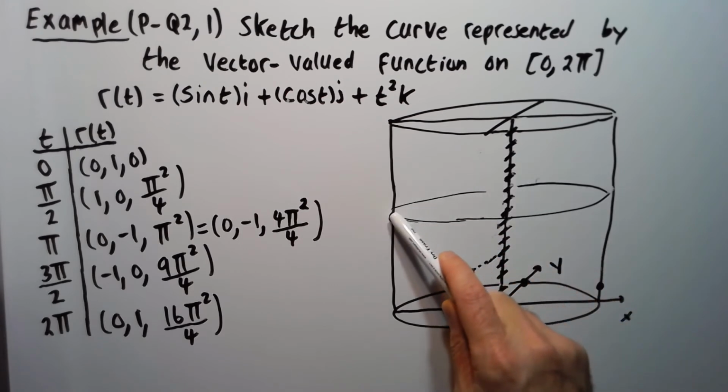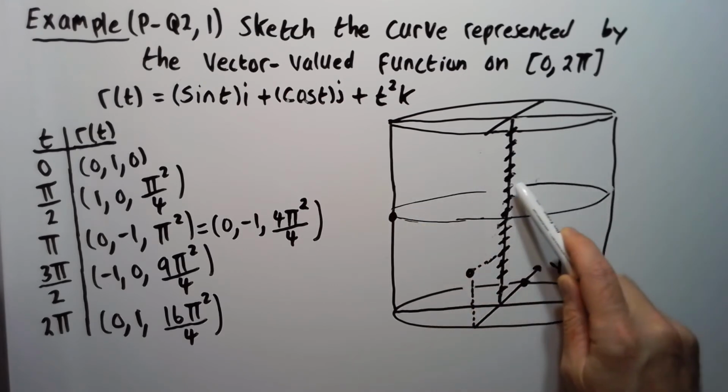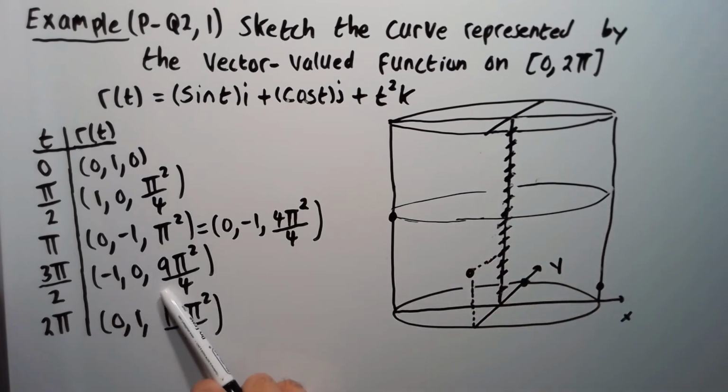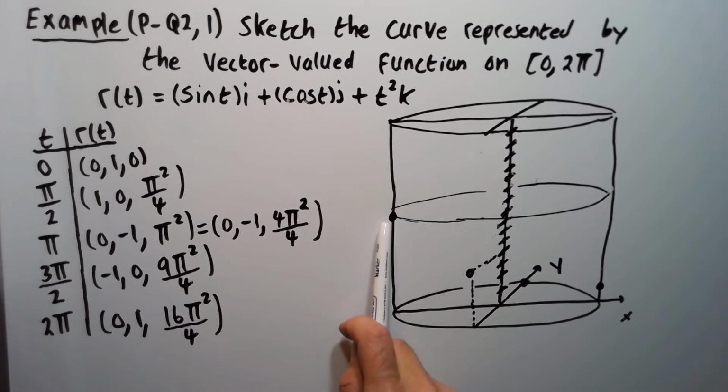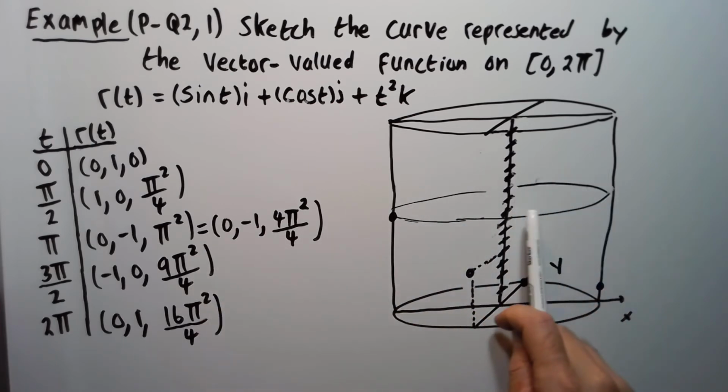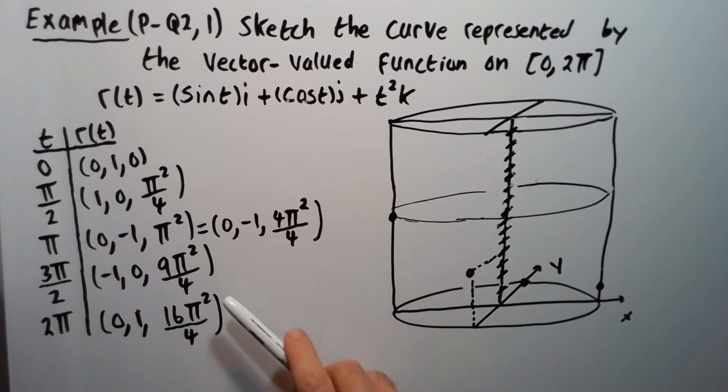So drawing a circle at that height, the unit circle. So then negative 1, 0, 9 pi squared over 4 would be right here, because it'd be negative 1 on the x, which is over here, 0 on the y, and then up 9 pi squared over 4. So this circle is denoting height 9 pi squared over 4 on the z. Okay, so we've got that one now.